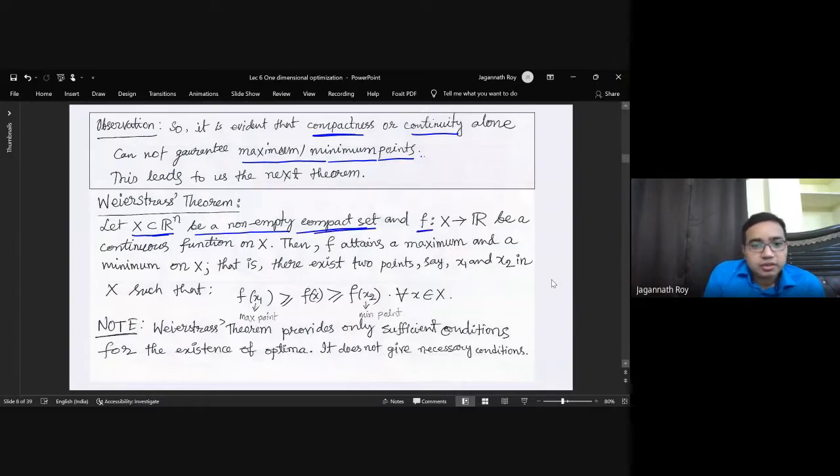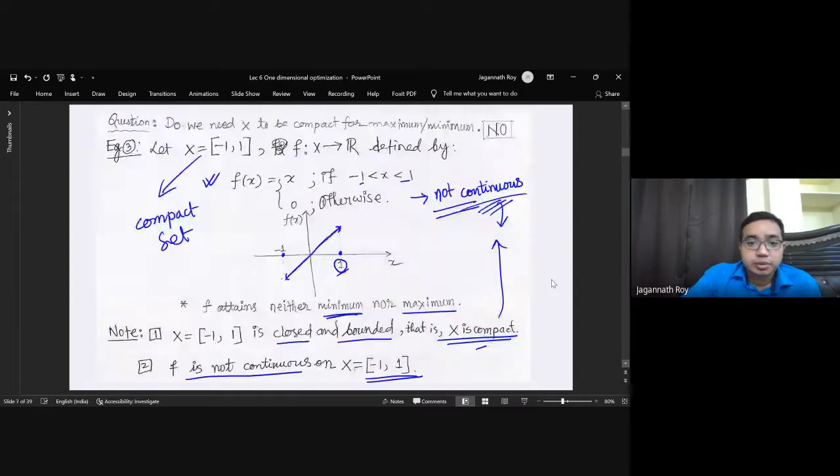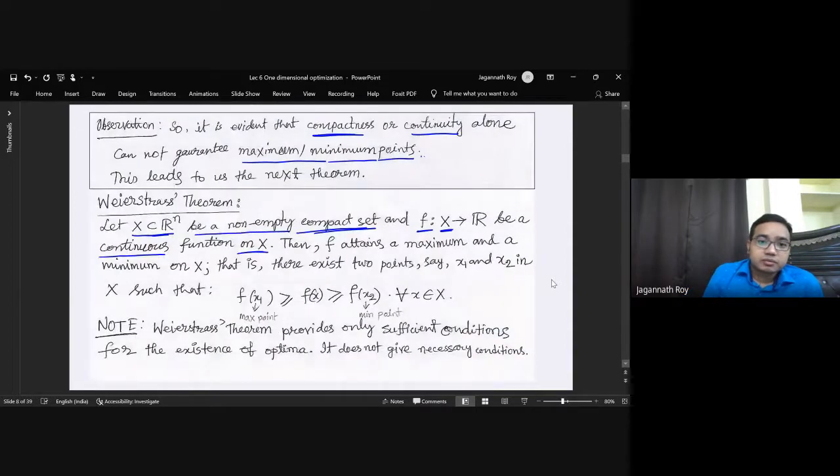And f is continuous on X. On X means the overall domain. All the points of X, it is continuous. If you remember, here it is not continuous at the two points, minus 1 and 1. So these are the conditions.